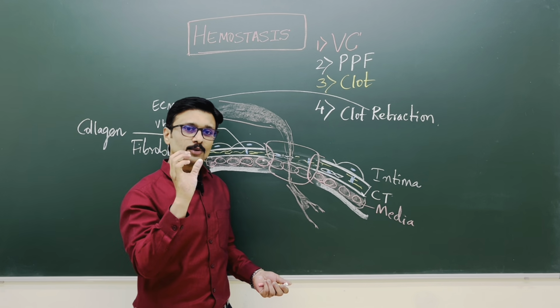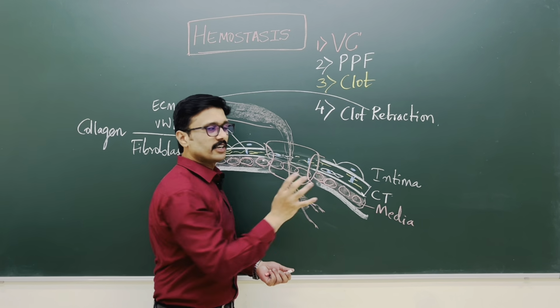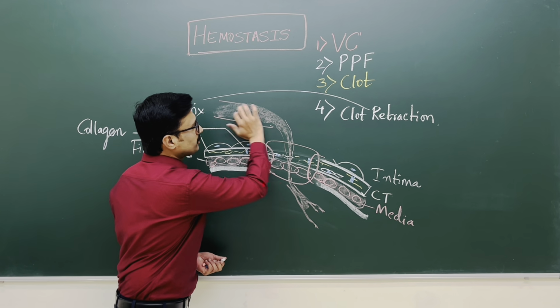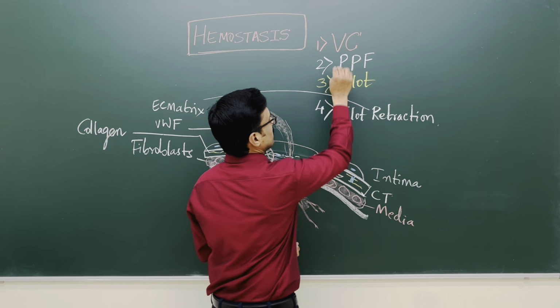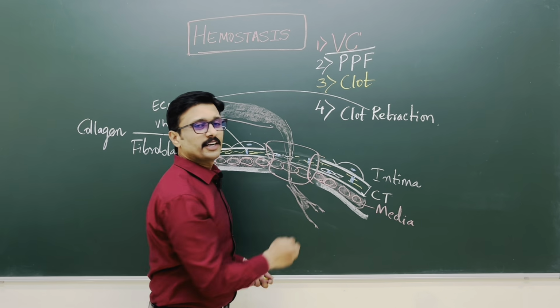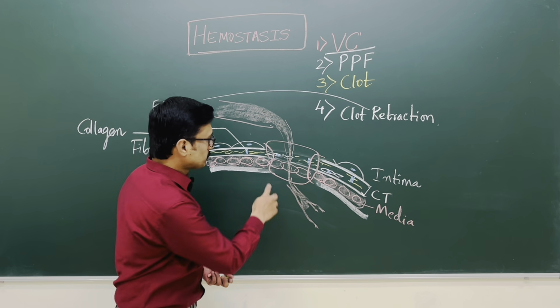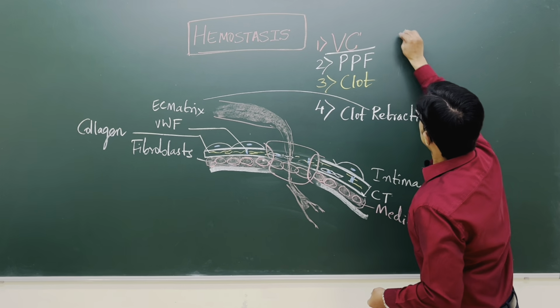The blood flow through the lumen decreases. So when there is decreased blood flow, the blood loss is reduced. So the first step is vasoconstriction because of contraction of the smooth muscles. So what is the explanation for vasoconstriction? The smooth muscle contraction can be because of the direct trauma.